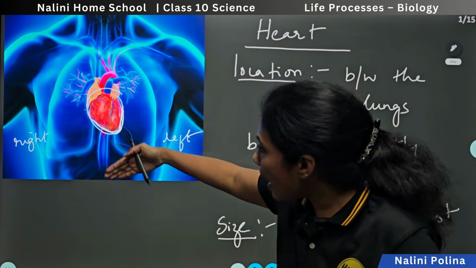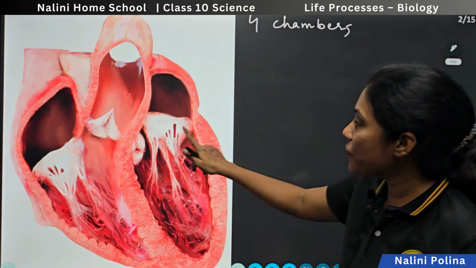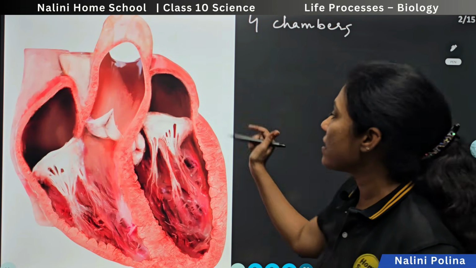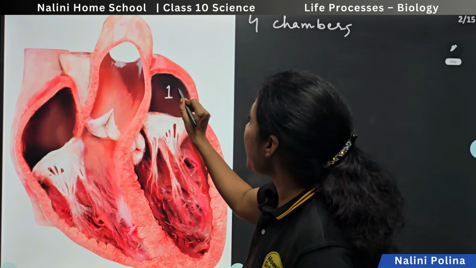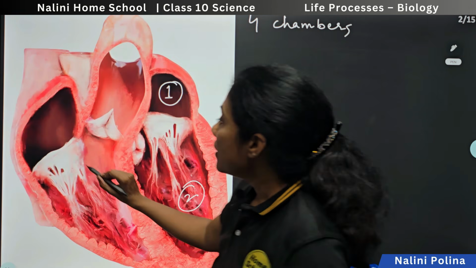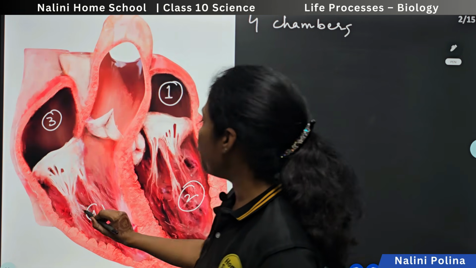If I cut the heart horizontally, this is how it looks from inside. So it has four chambers. See, this is chamber number 1, chamber number 2, chamber number 3 and chamber number 4, guys.